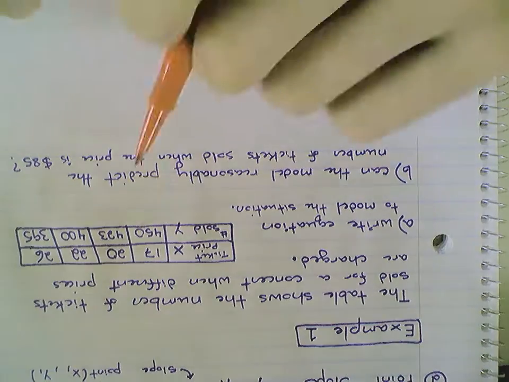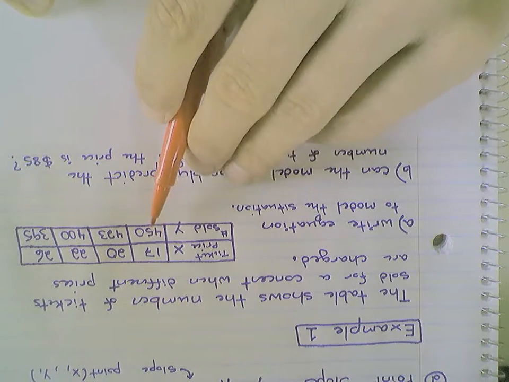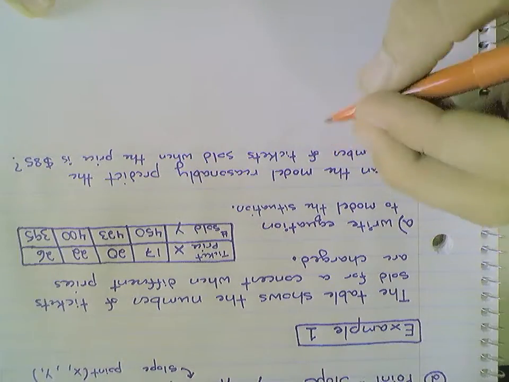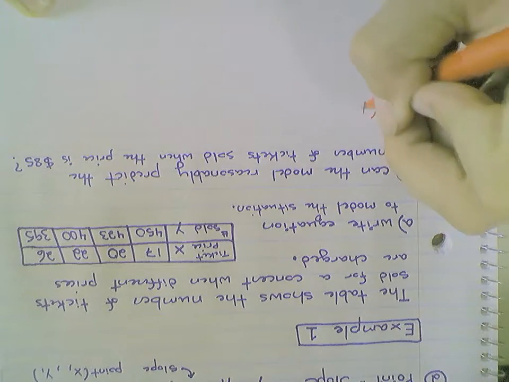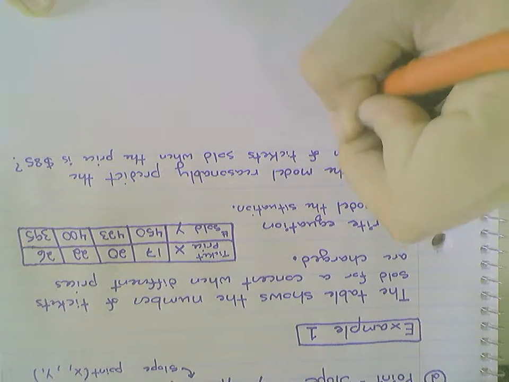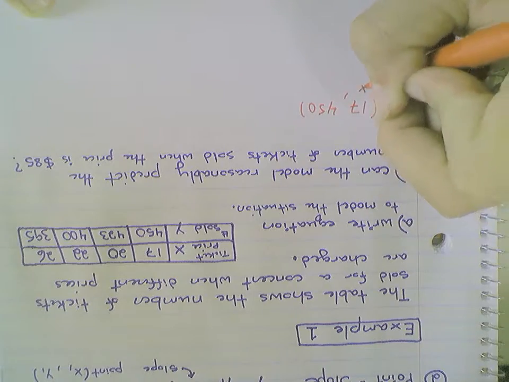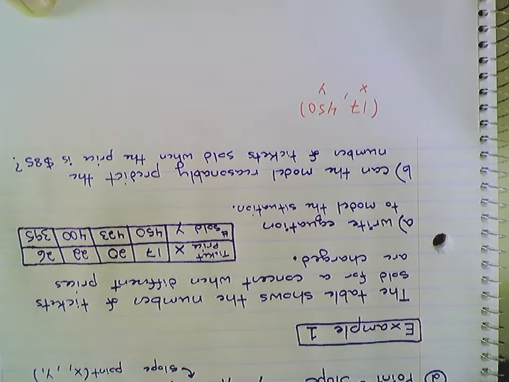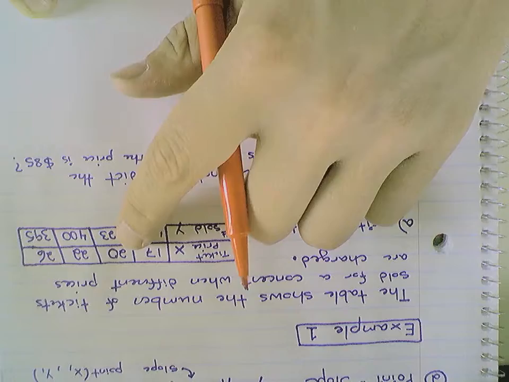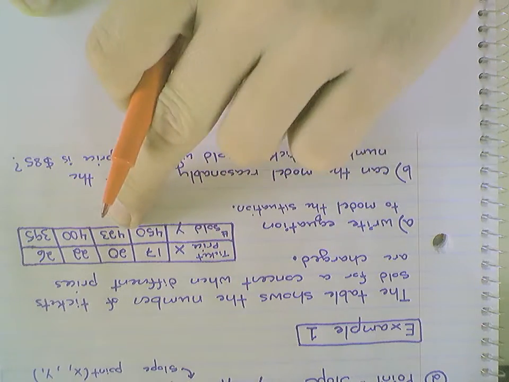If I look at the 17 and the 450, I can think of that as the point 17, 450, where 17 is my x and 450 is my y. I can then do the same thing when I look at the 20 and the 423.